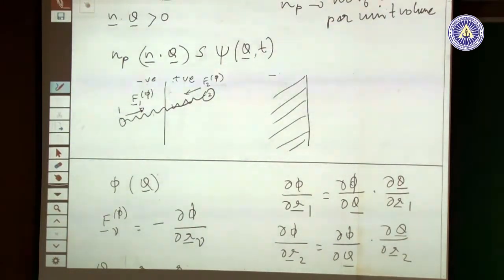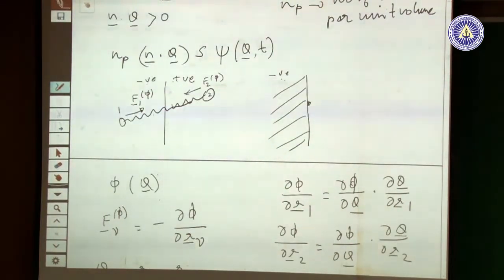Then there is a tension F1 phi pulling the spring. If I completely replace this by some kind of material, then side 2 has to pull this negative side with that F1 phi. The spring is effectively doing that.